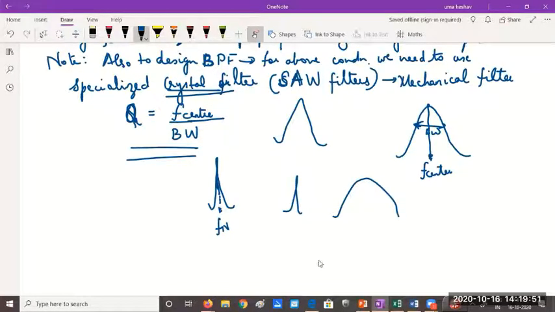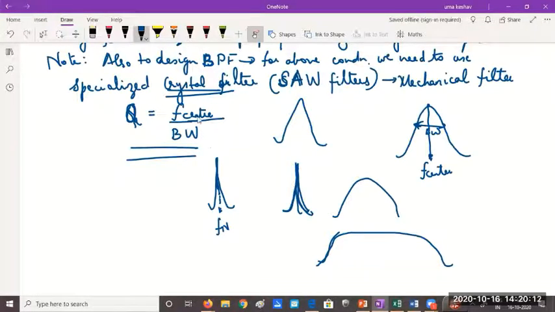If you want to filter out a large band of frequency, you should design a band pass filter having this kind of characteristics, right? Whereas if you want to filter out a very small frequency band or a single frequency, you should have a response something like this.